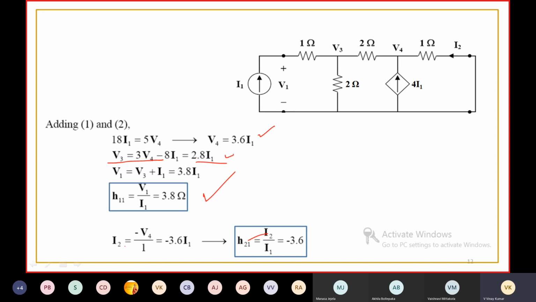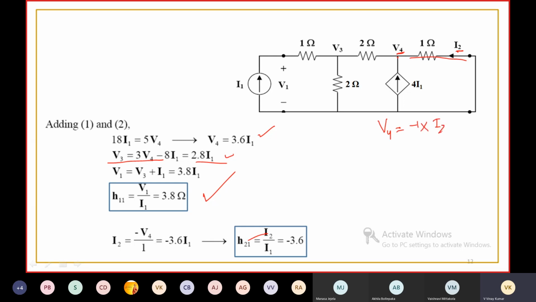Next, I2 is equal to minus V4 by 1. This I2 is the current flowing through this, where V4 is the node voltage. The voltage across this is V4 only. So V4 is equal to minus 1 into I2.